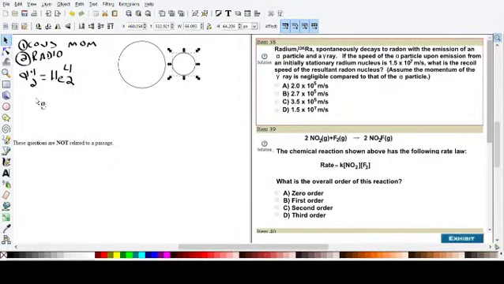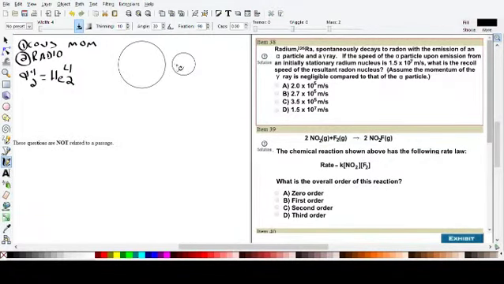So after the decay, we have an alpha particle with 4 AMUs and 2 protons. That leaves a radon nucleus with 222 AMUs. 226 minus 4 that decayed from it equals 222 AMUs.